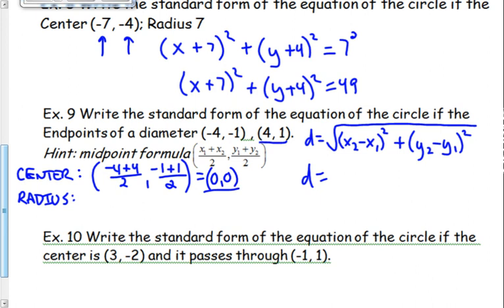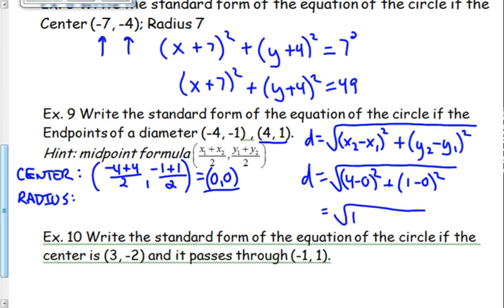That's going to give me the square root of 4 minus 0 squared plus 1 minus 0 squared. So that is 16 plus 1. So the distance of the radius, because I'm going from the center to one of the endpoints, is the square root of 17.